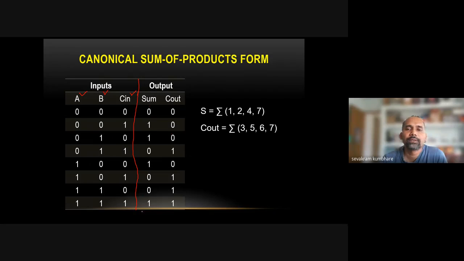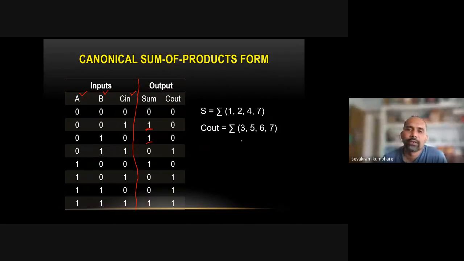So from this, we can write down the following. This is 0, 1, 2, 3, 4, 5, 6, 7. We need to find the outputs equal to 1. As we said, we need to find true minterms, so true minterms are associated with these 1s. So for sum, the summation of 1, 2, 4, and 7.